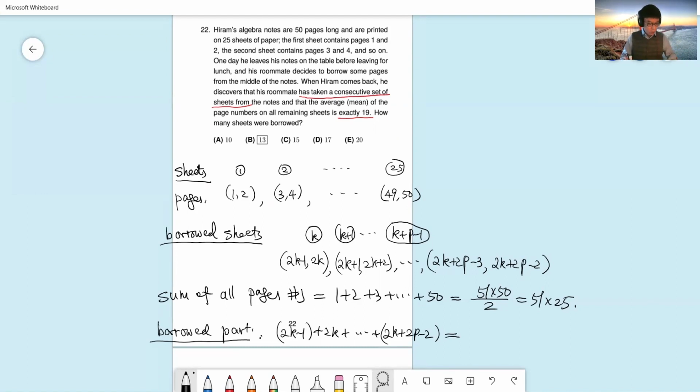This equals 4k plus 2p minus 3. We have totally 2p pages, P sheets, so 2p pages, times 2p and divide by 2. This is the sum of the numbers borrowed.